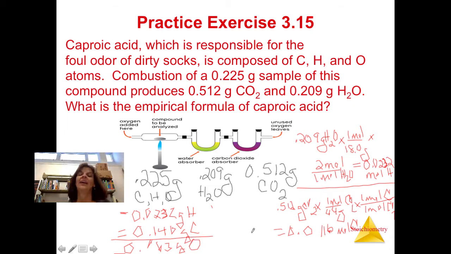Yay! So now what you have to do is determine moles of oxygen and find the empirical formula.